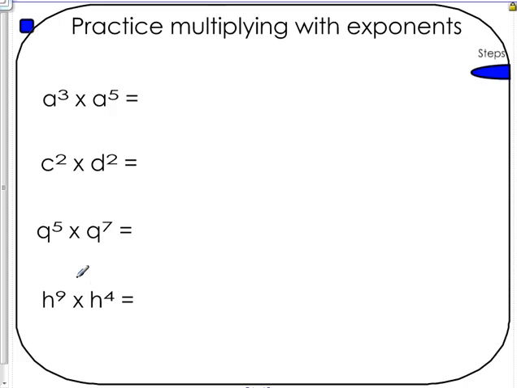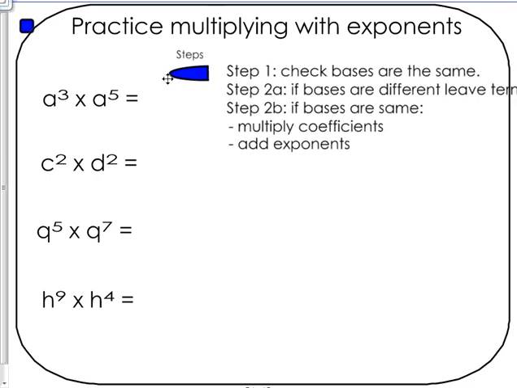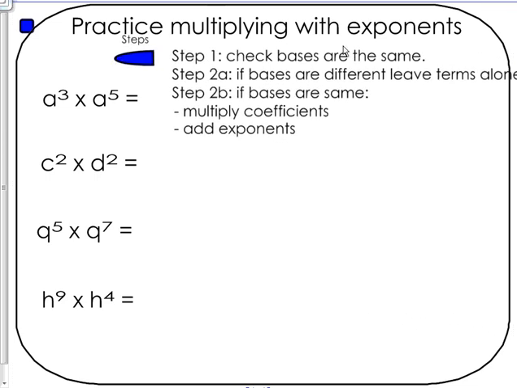All right, so let's do some examples. So for example, I have a cubed times a to the fifth. So my first step, check that the bases are the same. Yep, they are. Step 2a, if the bases are different, leave them alone. If they're the same, multiply the coefficients.